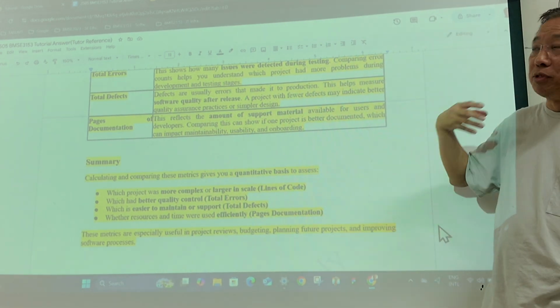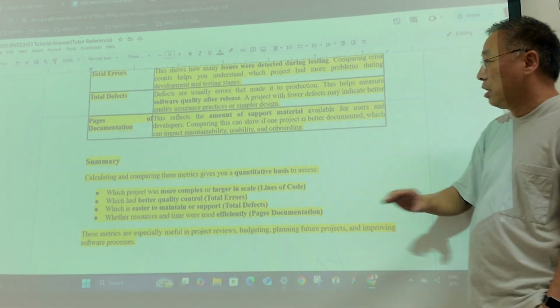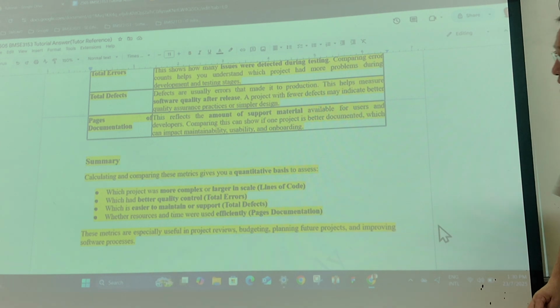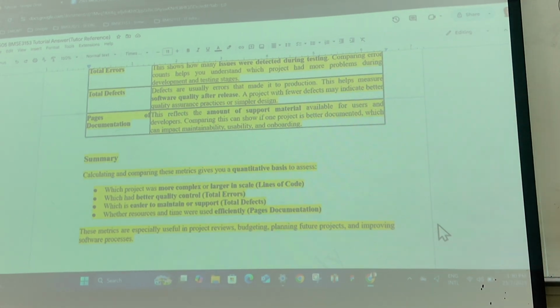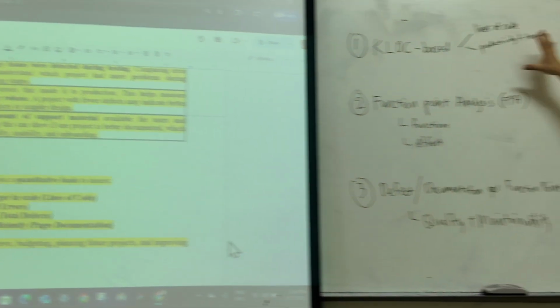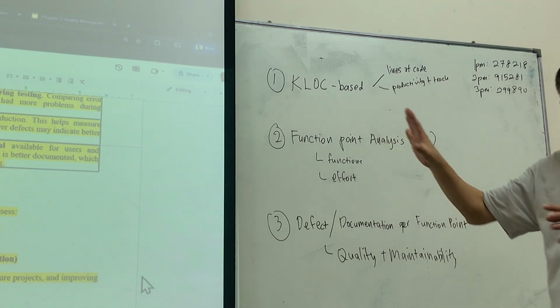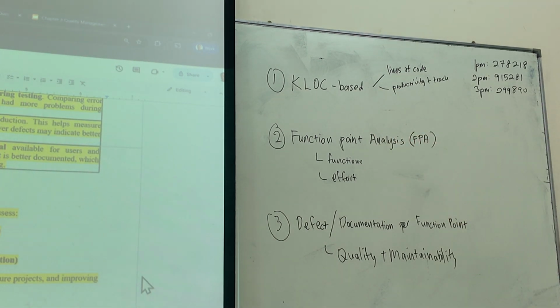The other way to measure is in terms of maintenance, onboarding, and usability, through the pages of documentation. So what we've just done, we've used this technique to calculate it. You will see it in your lecture. Hopefully this makes it clearer, because in your lecture there are a lot of slides about it.